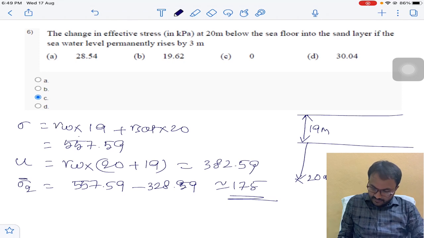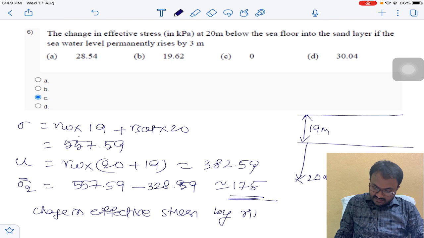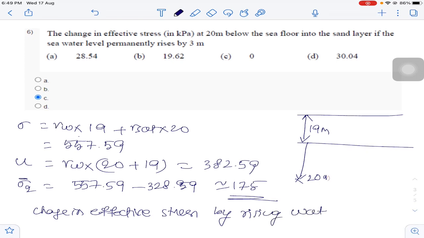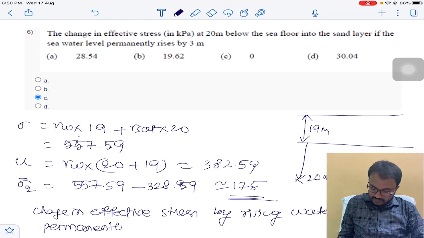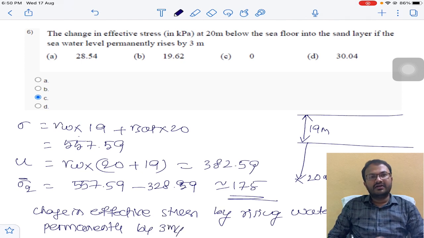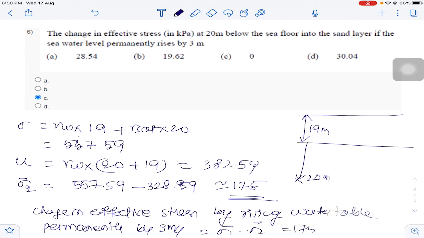Okay, so the change in effective stress by raising the water table permanently by 3 meters will be sigma 1 bar minus sigma 2 bar, that is 175 minus 175 is equal to 0.